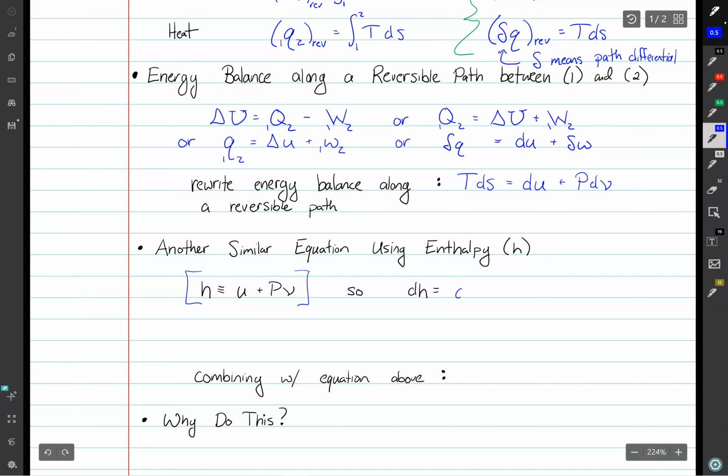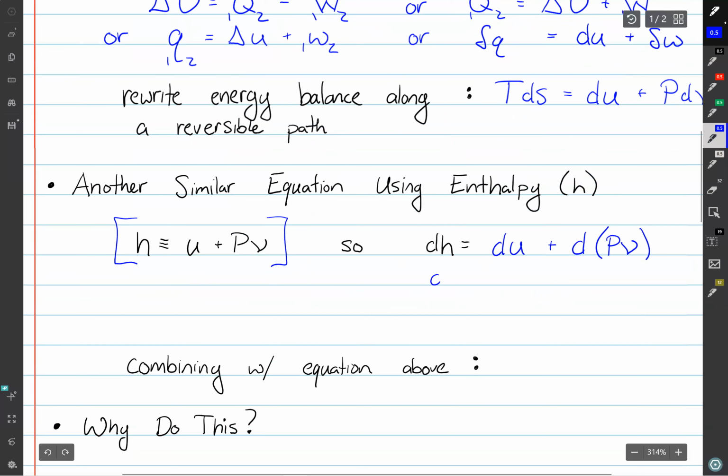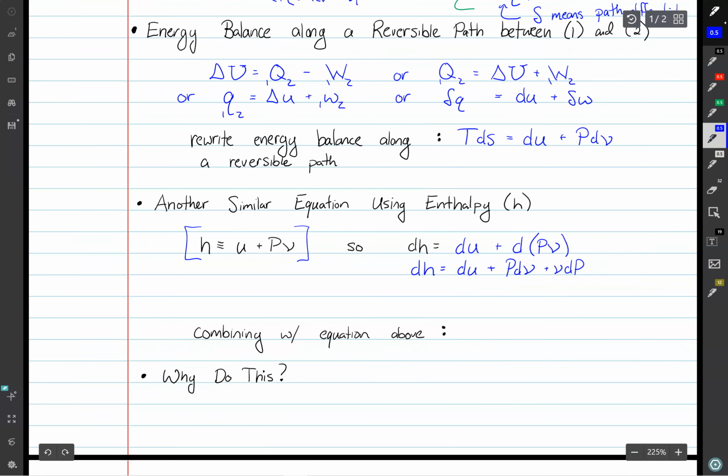So dH is dU plus d quantity PV, which by the product rule, dH equals dU plus P dV plus V dP. That's just the product rule.